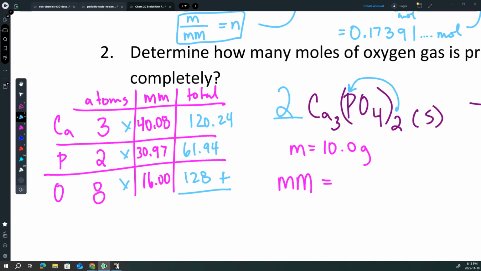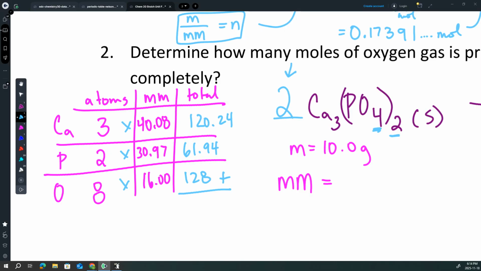Okay, so 2 times 30.97 is going to be 61.94. And with oxygens, we have 2 times 4, so that's 8. So whatever you do, do not take the coefficient into account when you are figuring out your molar mass, okay?